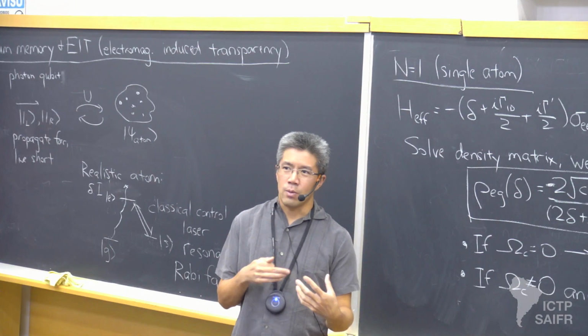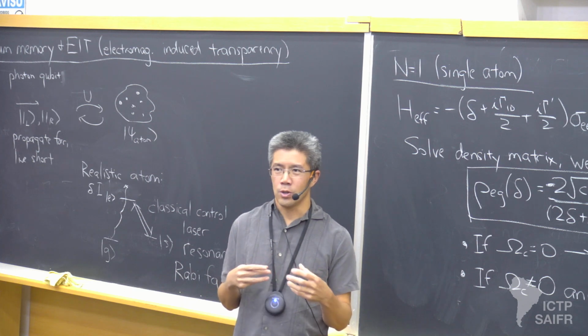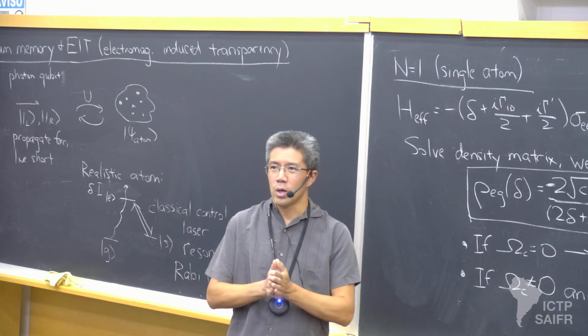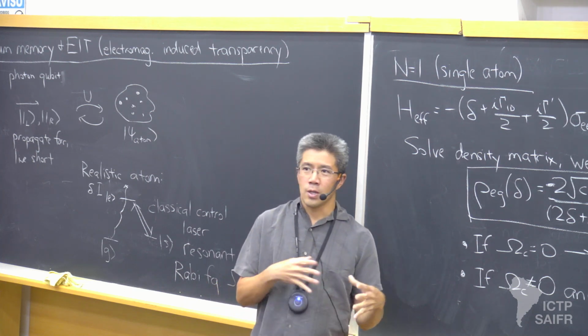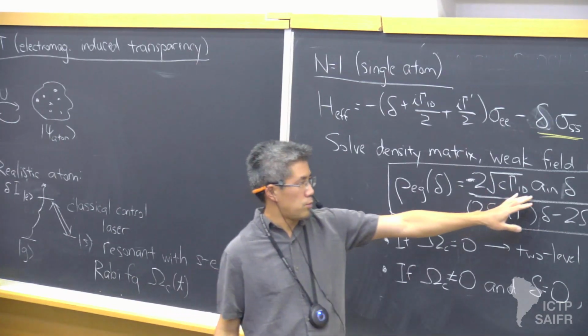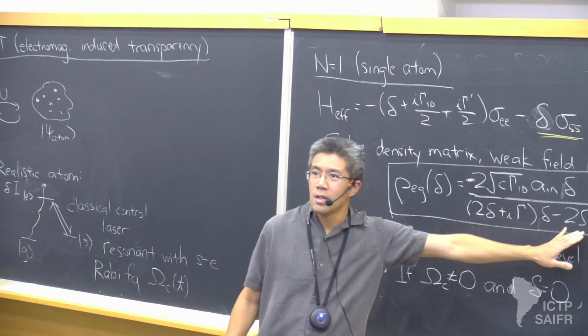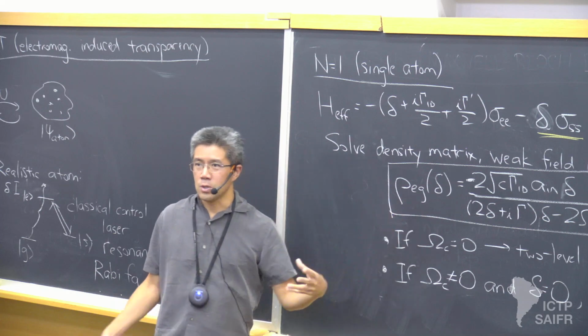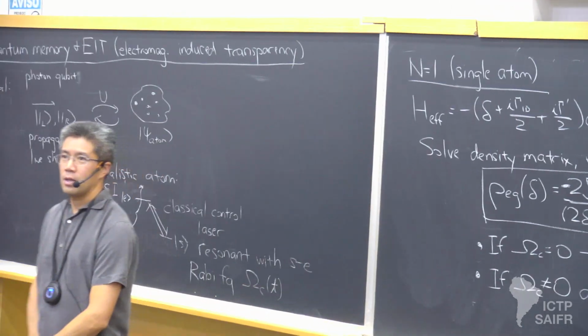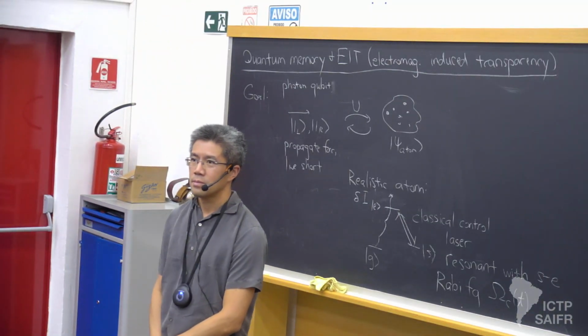So maybe for that reason, the variables look a little bit different than what you're used to. But everything is exactly the same. Here, the two fields are this AN and omega C. And now you see that the coherence depends on the two together. Okay, there's one more question.